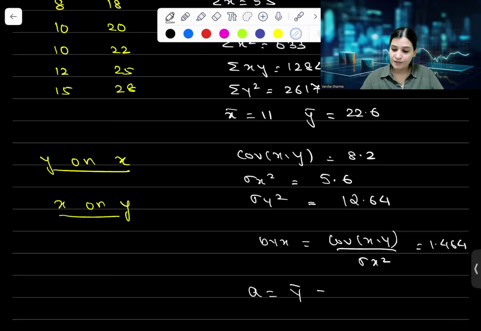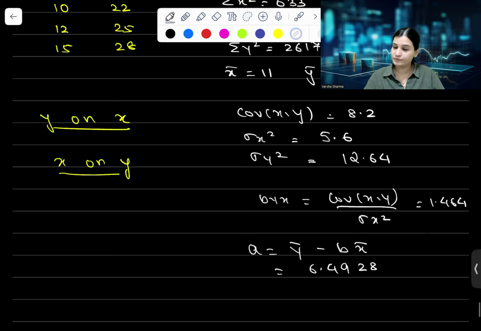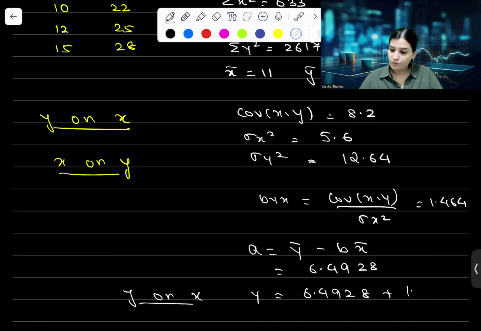Then a is y bar minus b x bar: 6.4928. So y on x will be y equals 6.4928 plus 1.464x. Did you all get this?